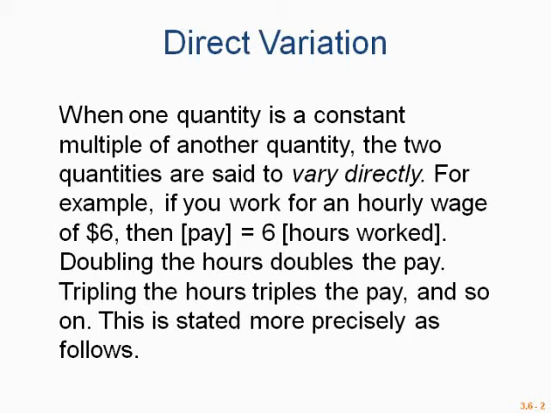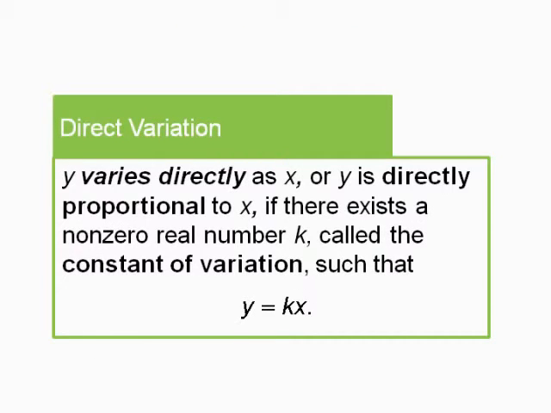And this is stated more precisely, as I have kind of led on earlier, in this model. If y varies directly as x, or y is directly proportional to x, there exists a non-zero real number k, the constant of variation, such that y equals kx, and of course the $6 was our k in that real life example.